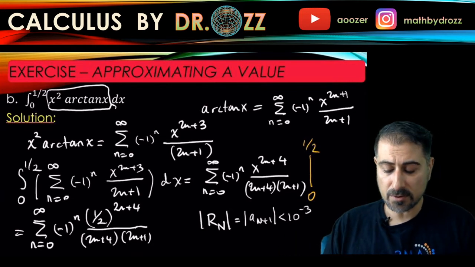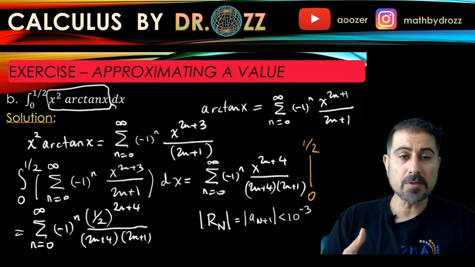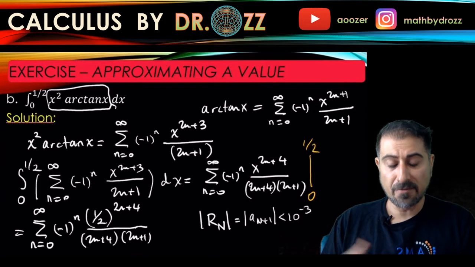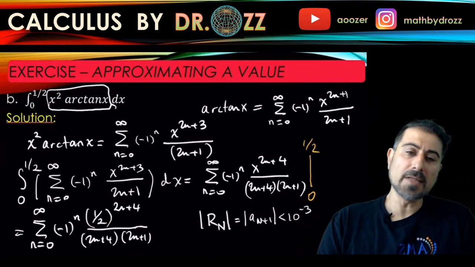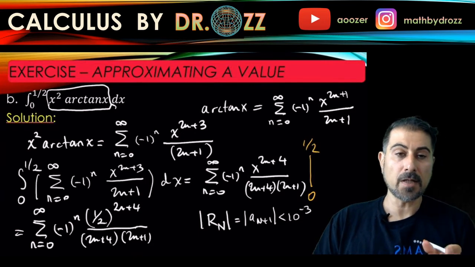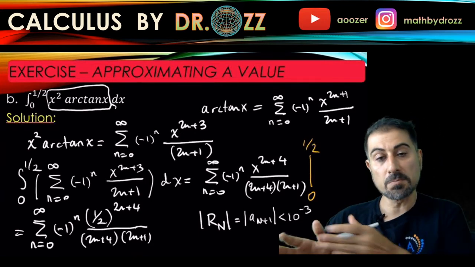All I'm going to do next is list a few terms in the infinite series, and then whichever term is giving me less than 10 to the minus 3, I'm going to stop, and I'm going to take the summation of the terms before that term.